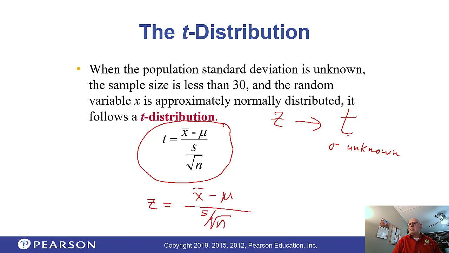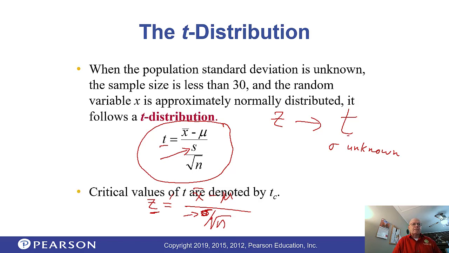Not much different. The only difference is that we don't know the standard deviation because, oops, sorry, I made a mistake. This should have been sigma because for the z, you actually know the standard deviation. Up here for the t, we don't know it. And our best shot is to use the standard deviation for our sample. We hope it's close.